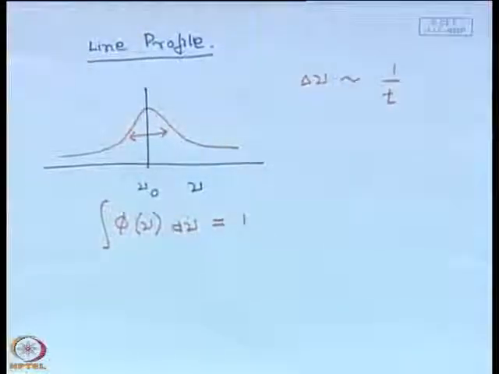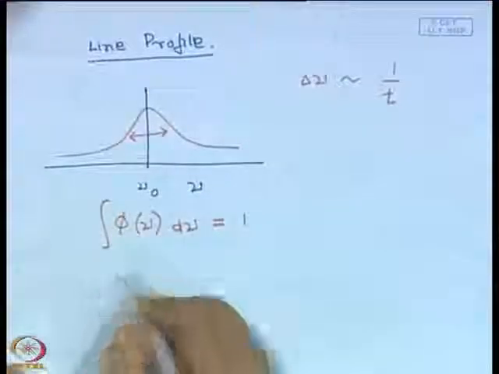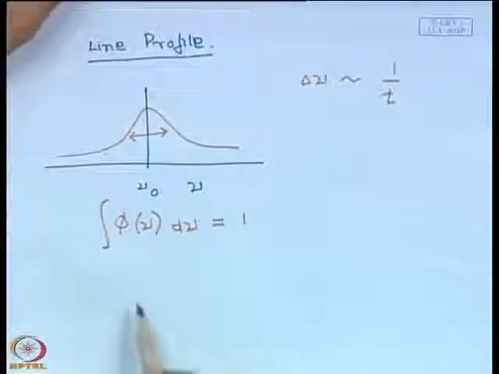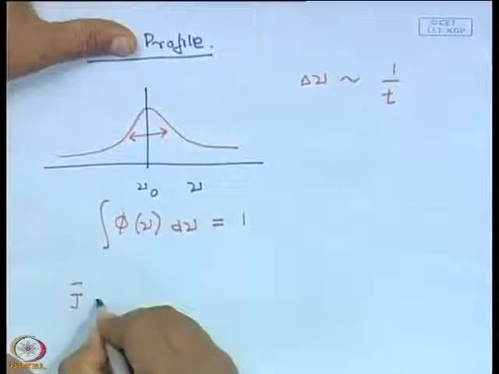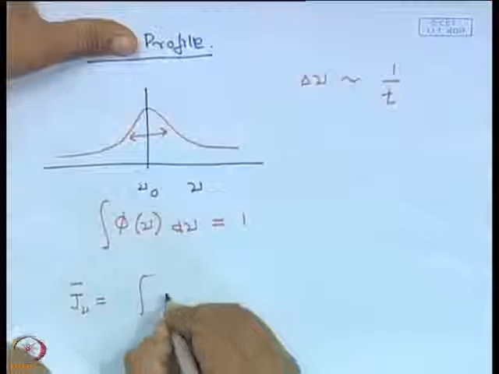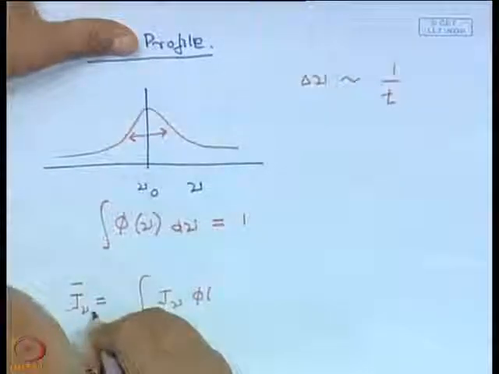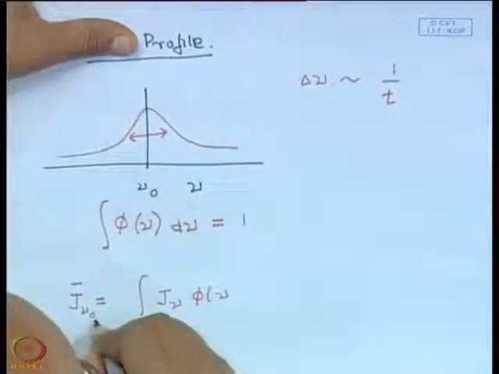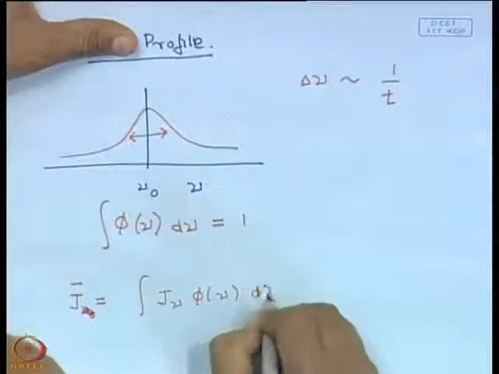So, when you have radiation of different frequencies impinging on this system, then we have to actually look at the average of the specific intensity, not only over angles but also over frequencies, at the frequency nu naught, and this is J nu phi nu d nu.